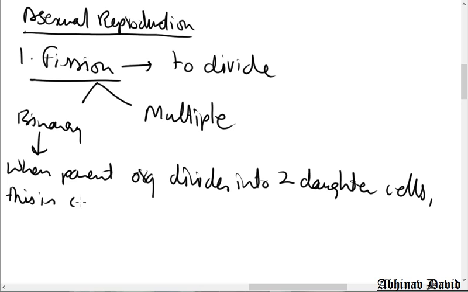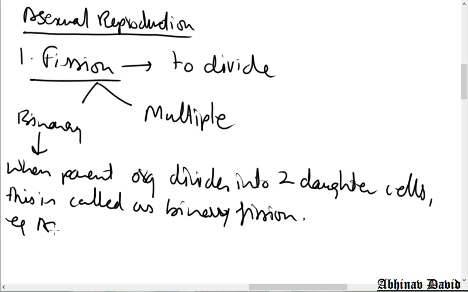The best example, which you have already studied in your lower classes, is amoeba. We will come back to binary fission one more time.